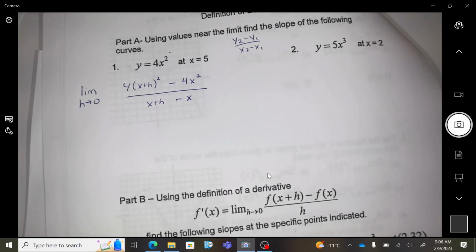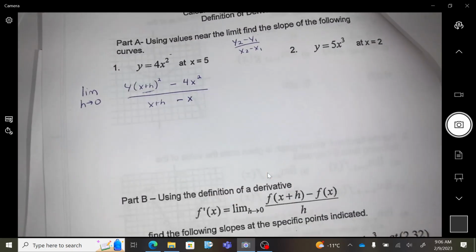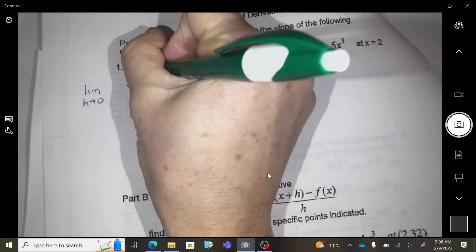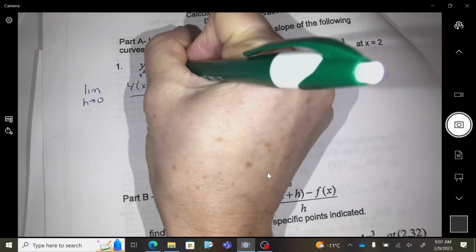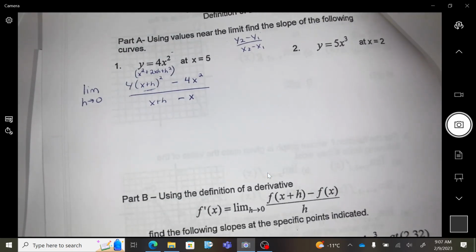Okay, so do you remember what we did yesterday? It was all algebra stuff. I need you to think of this squared, and then you're still going to times it by 4. So you're going to have to square that.